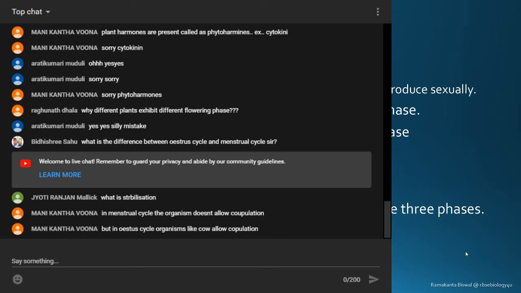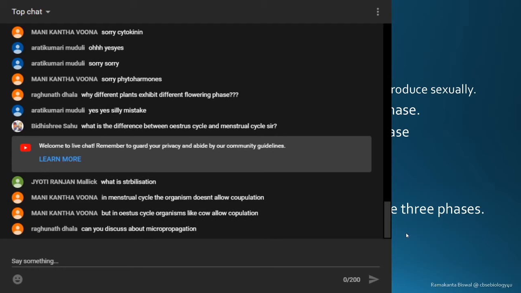Biswajan is asking about micropropagation. Yes, we can have a discussion tomorrow. I will add it to the list tomorrow. I'll talk about micropropagation. It's a technique that you will typically be learning at a later point of time in a different chapter, but definitely we'll be talking about micropropagation at this point. So micropropagation basically talks about the process of tissue culture.